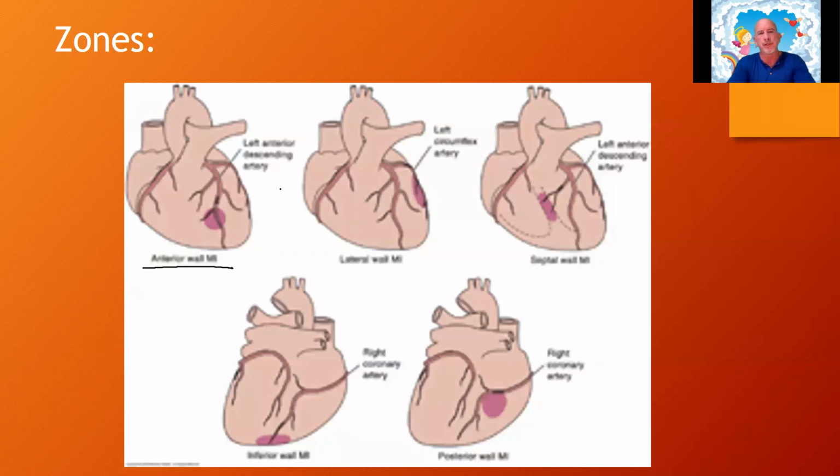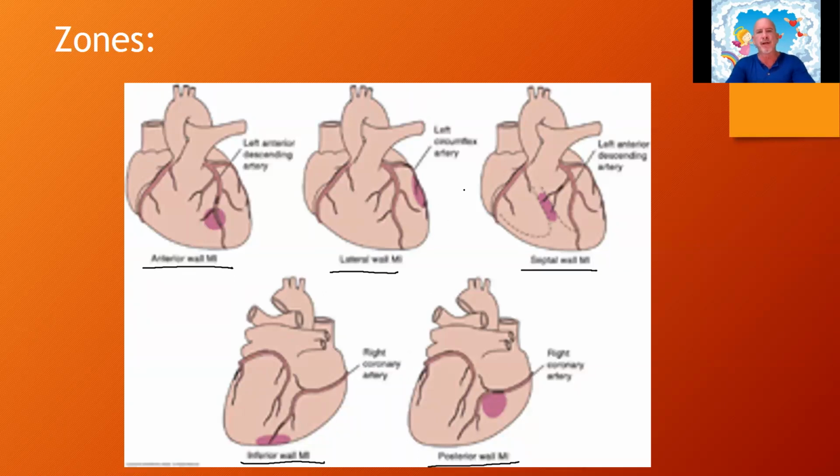This chart is important if any of you want to go into cardiac or cardiac ICU, because you will be looking at whether it was an anterior wall MI, a lateral wall MI, or an inferior wall MI. These are areas of the heart, the septal wall, the posterior wall.